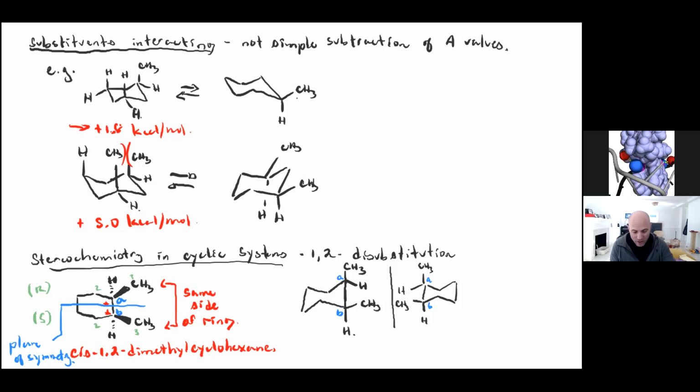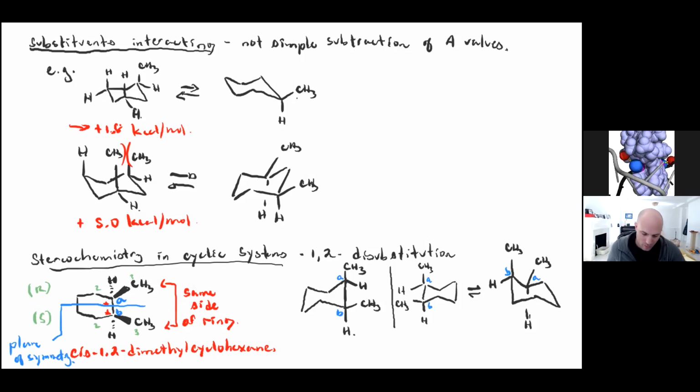And so if I flip the right-hand structure, okay, I'm going to get to something like this. All right, and now position A is going to bear an equatorial methyl group and an axial hydrogen, and position B will bear an axial methyl group and an equatorial hydrogen. Okay.